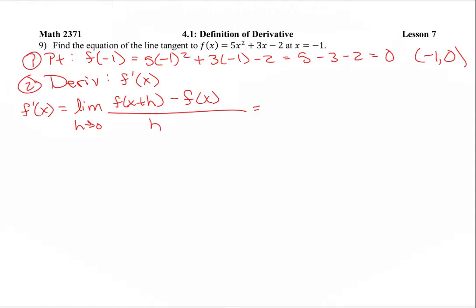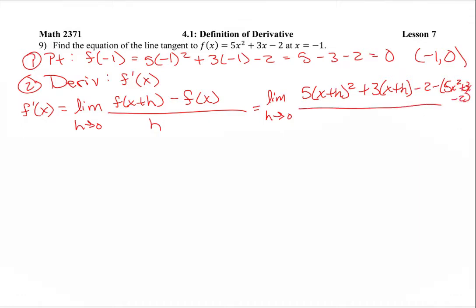So that equals the limit as h goes to 0 of 5 times (x plus h) squared plus 3 times (x plus h) minus 2 minus (5x squared plus 3x minus 2) all over h.